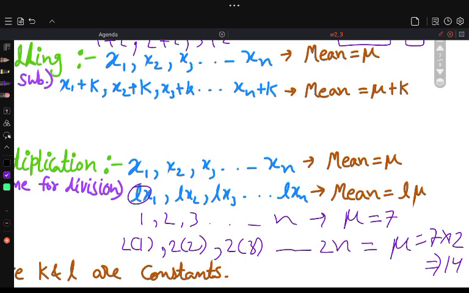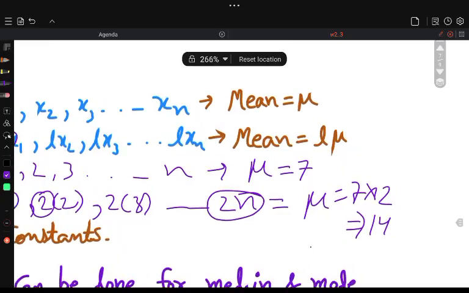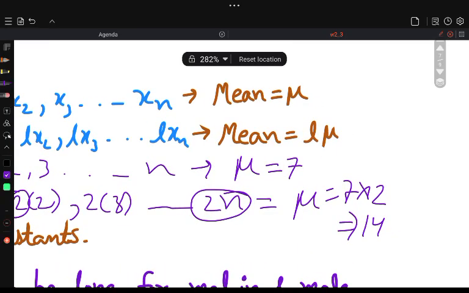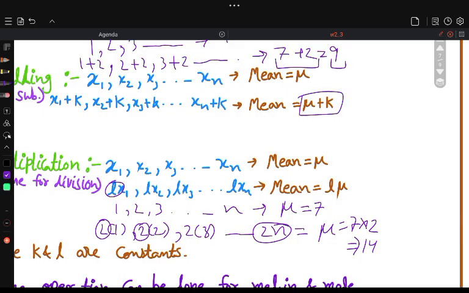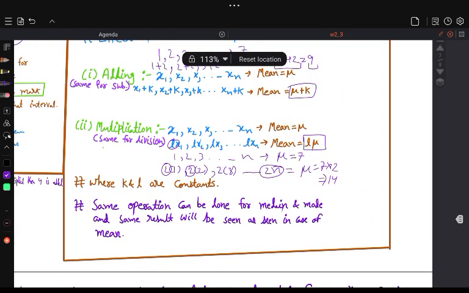If we multiply each by 2, 1 is multiplied by 2, 2 by 2, 3 by 2, and n also by 2, then the mean will also get multiplied by 2, so the new mean will be 7 into 2, that is 14. This is to be remembered: mu plus k for addition, and if we multiply each element by l, then the mean will also be multiplied by l. And both cases, addition and multiplication, are true for median and mode also, as I told earlier.